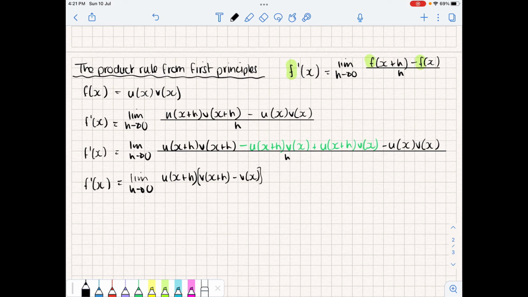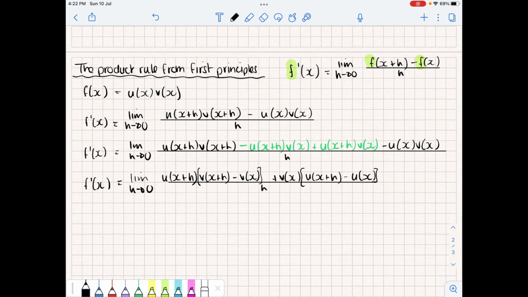Alarm bells should be ringing at this point. Okay, and then I'm going to do the same thing in the next one. I'm going to pull out a common factor, and this time I'm going to pull out v of x, and what's left over is u of x plus h minus u of x, and all of this is still over h.